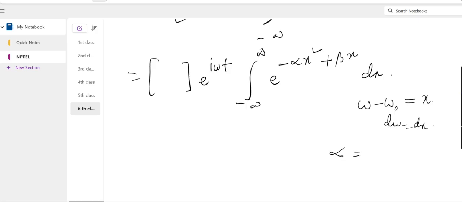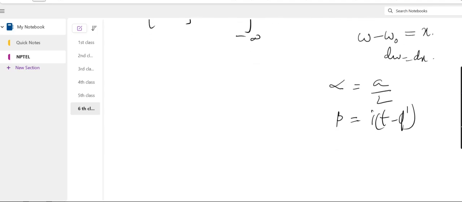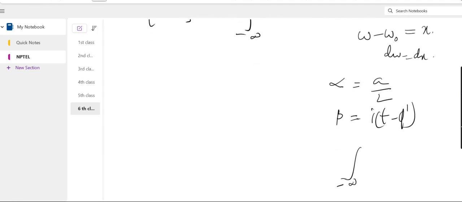Alpha is a by 2, beta is I t minus phi dash. So we know that the integral from minus infinity to plus infinity of e to the power minus alpha x square plus beta x dx is root over pi by alpha, e to the power beta square by 4a, not 4a, it's 4 alpha.